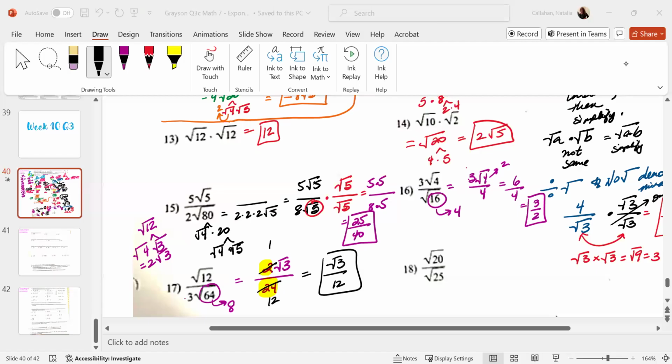Square root of 12 becomes 4 and 3. Do you see that? Square root of 4 is a 2. Do you see that? 3 you can't take out. It stays inside.